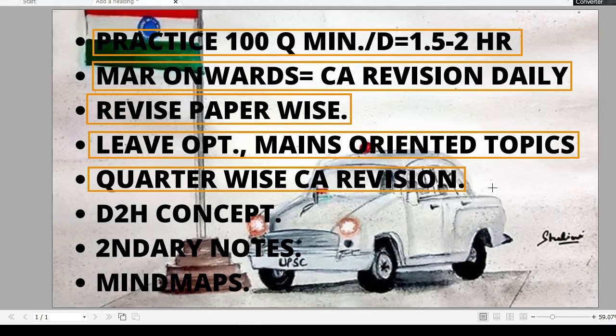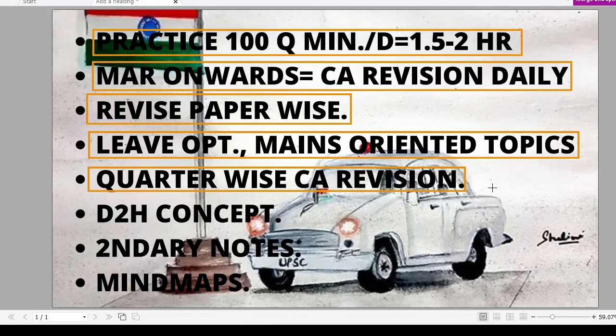So quarter-wise division would help in organizing things, and it will release your stress a little bit. Quarter wise means you will divide the year into 4 quarters, and you'll revise easily. And if a topic is completely mains oriented, you can leave the topic also.